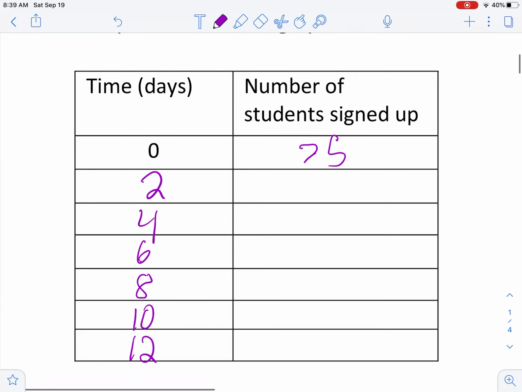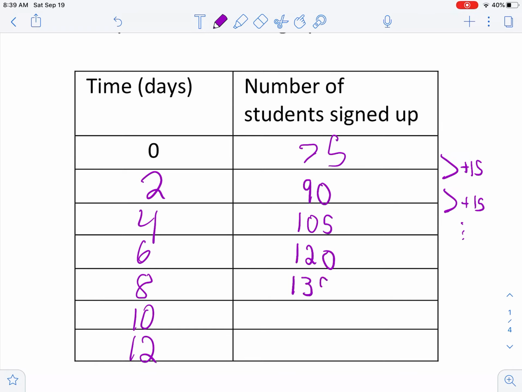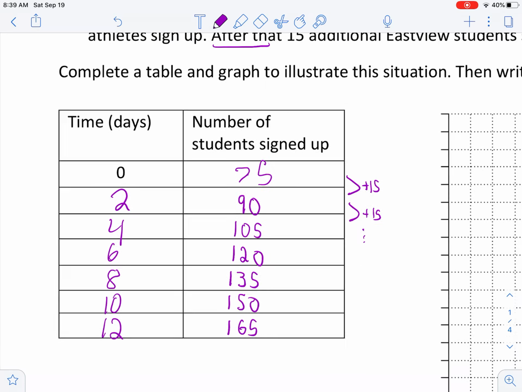So we've got 75 plus 15. I'm going to have plus 15 each step of the way on this table. All right, so we have 90, 105, 120, 135, 150, and 165, which is a healthy sized track team.